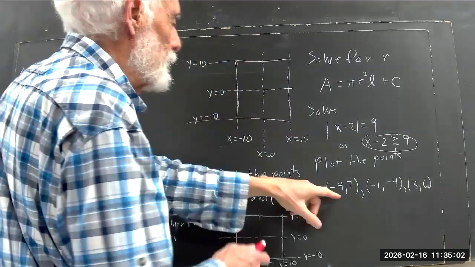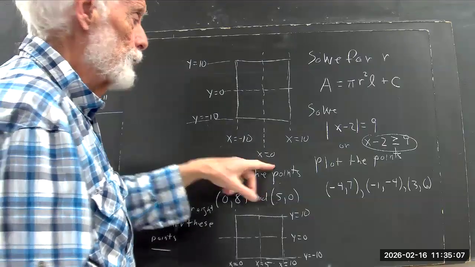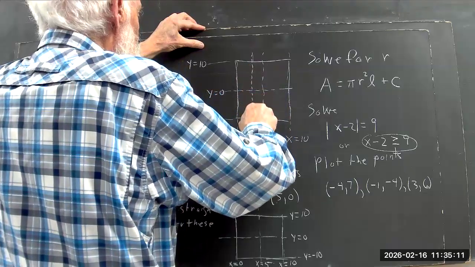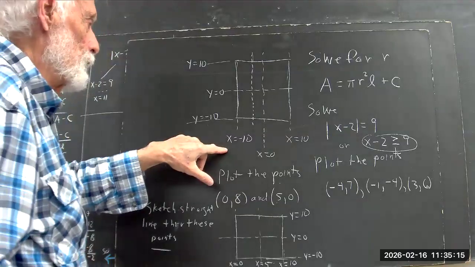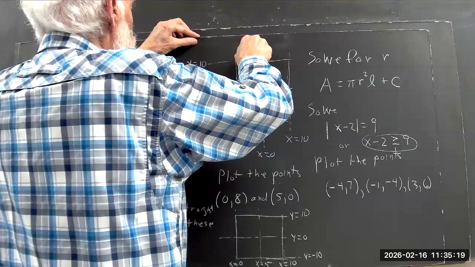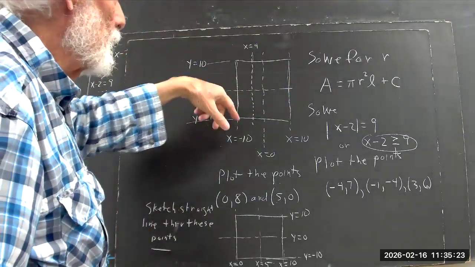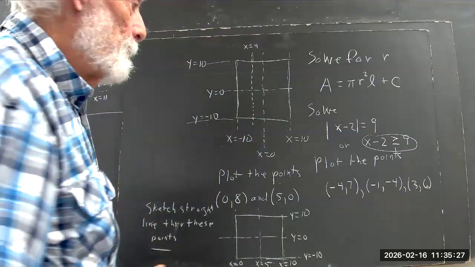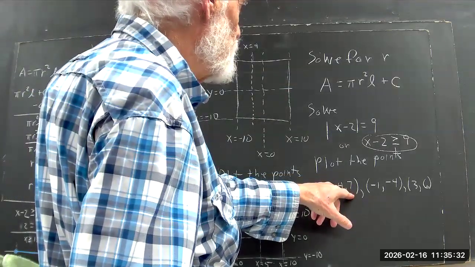Okay, now x equals -4 is between 0 and -10, a little bit closer to 0. So I'm going to draw a line that's a little bit closer to the x equals 0 line than the x equals -10 line. That's a vertical line. Now, labeling this line is optional because it still helps just to take 2 seconds and sketch that line. Okay, and then we want the y-coordinate to be 7.